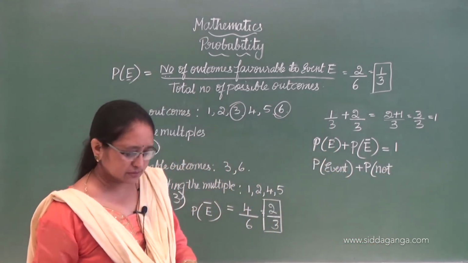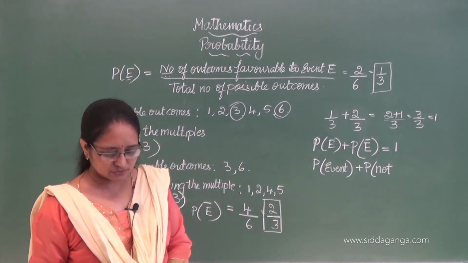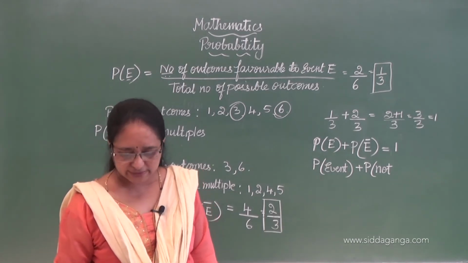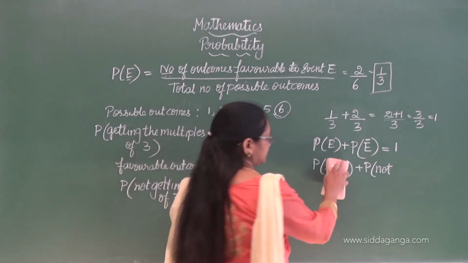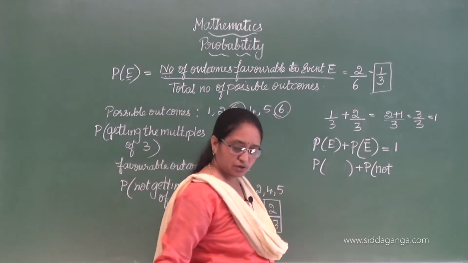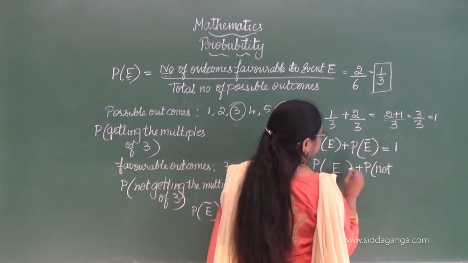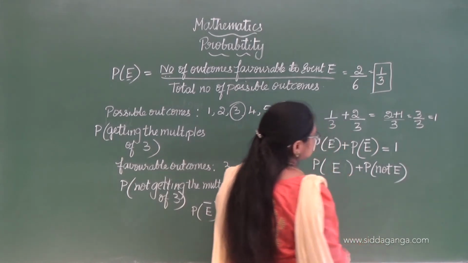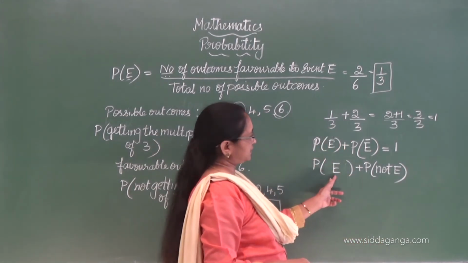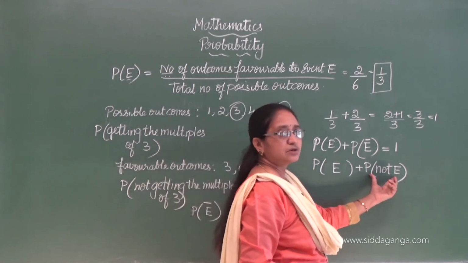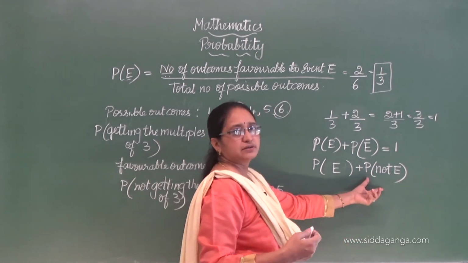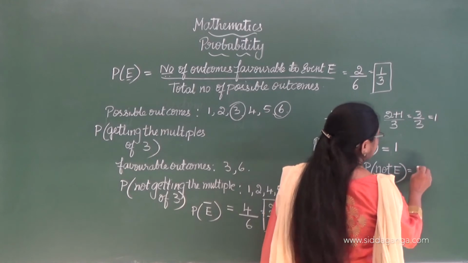You have that in your textbook, they have used not E. So this is E, and not E means not this event. Together when we add, you will get 1.